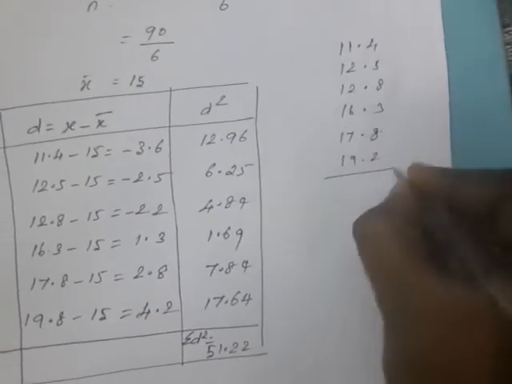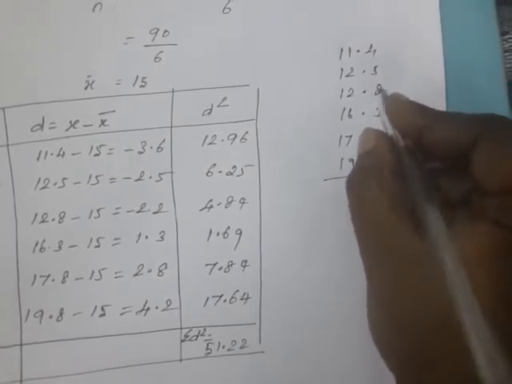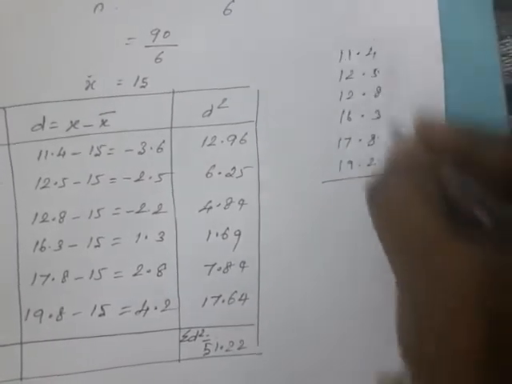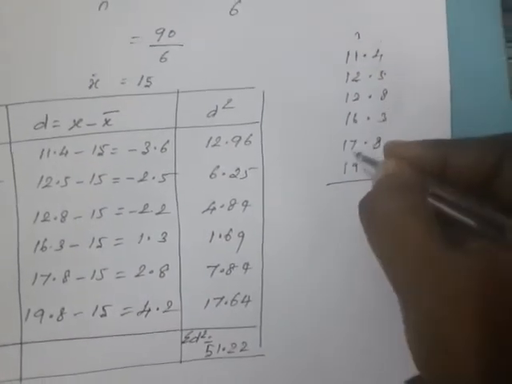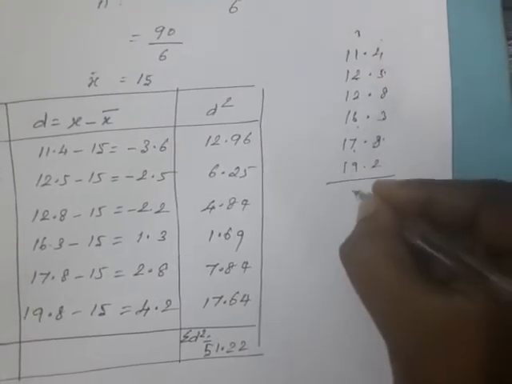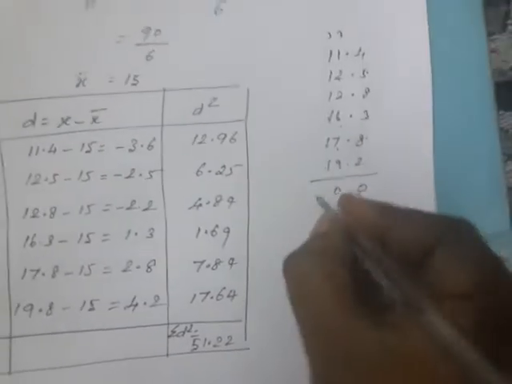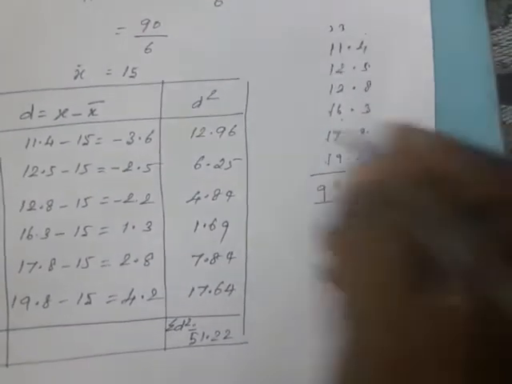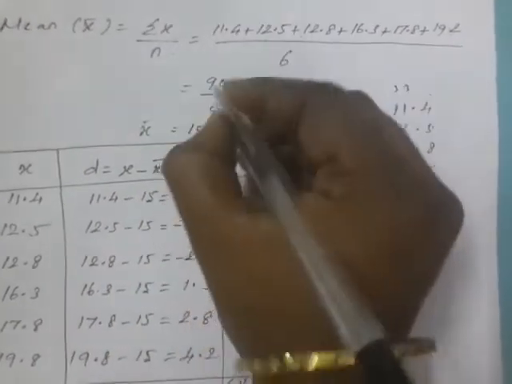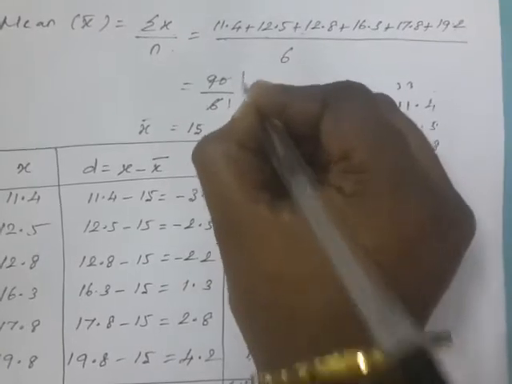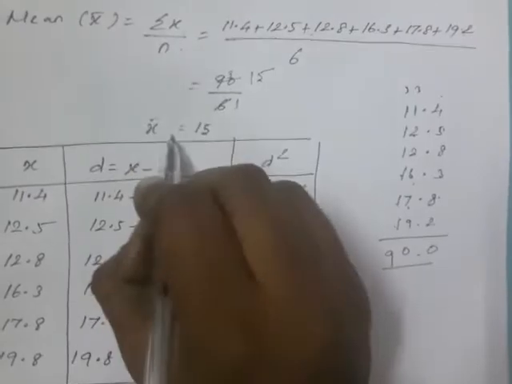The total is 90.0, that means 90 only. So x bar is equal to 90 by 6. 1 6 is 6, balance 3, 5 6 are 30. So x bar is equal to 15.